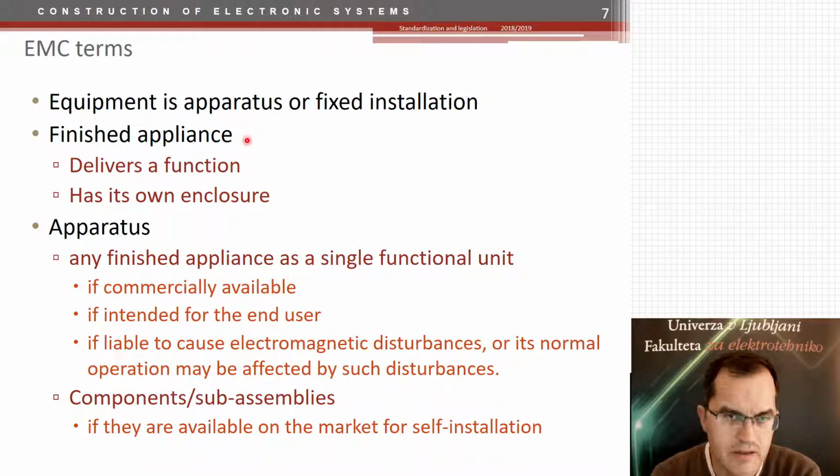An apparatus is any finished appliance, so anything that has an enclosure and delivers a function as a single functional unit, if, and that's important, it is commercially available, it is intended for the end user, and it's liable to cause electromagnetic disturbances, or it can be affected by such disturbances.